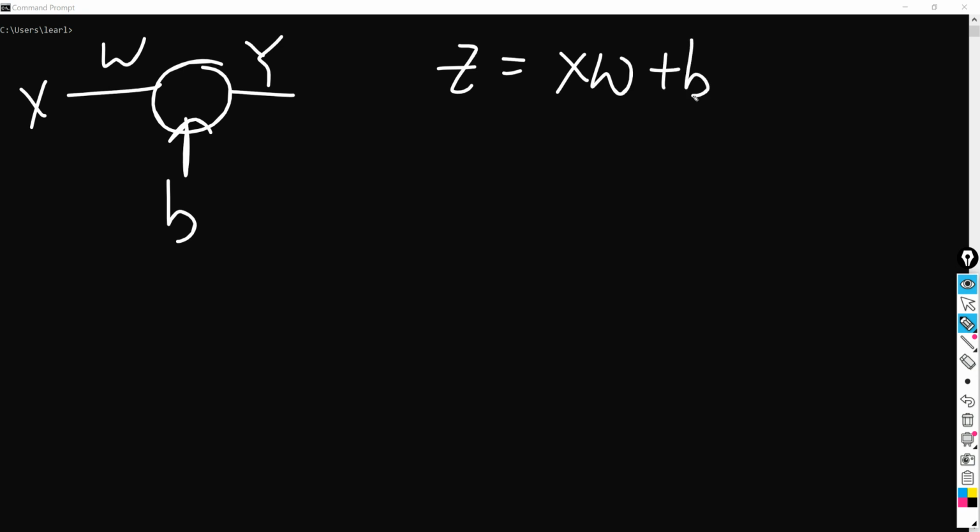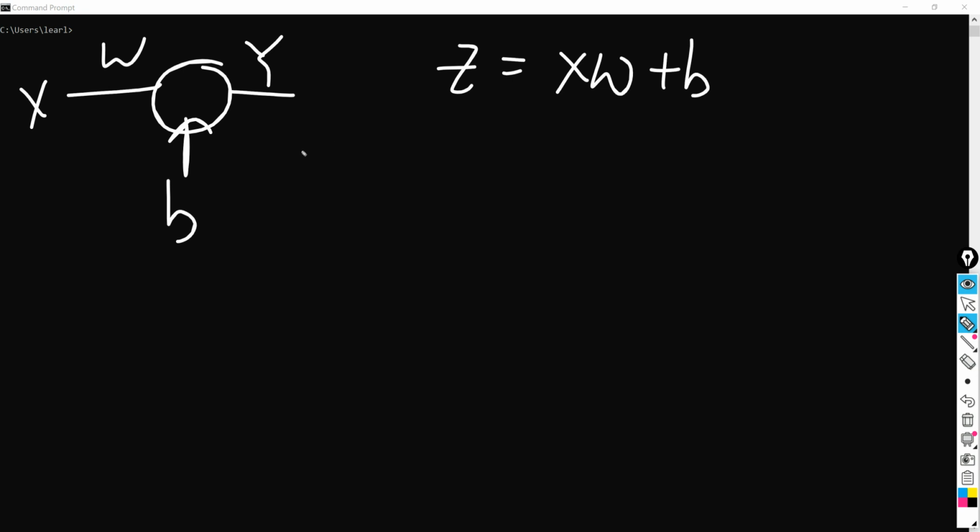One thing I would like to mention is that x, w and b are actually not just one integer, they are matrices. For example, if your input is an image in RGB format, then you have a 3-dimensional matrix.